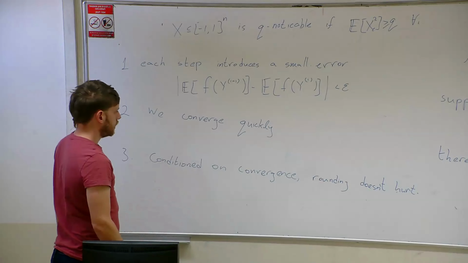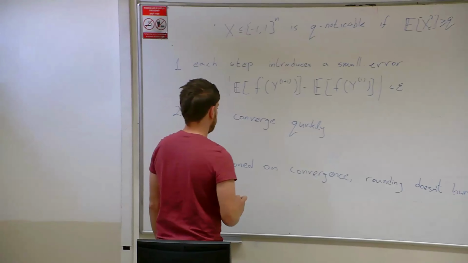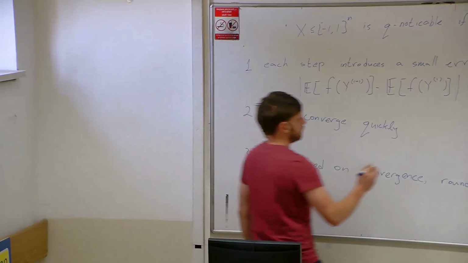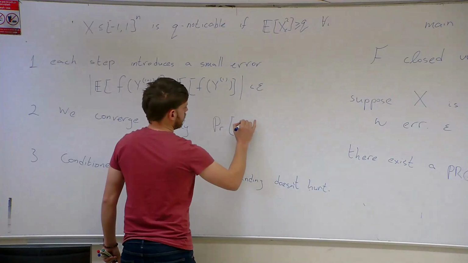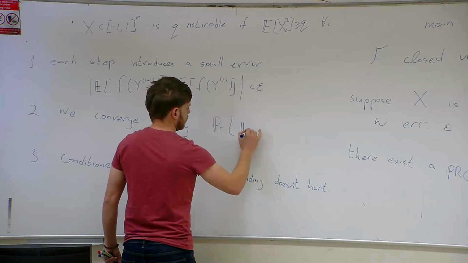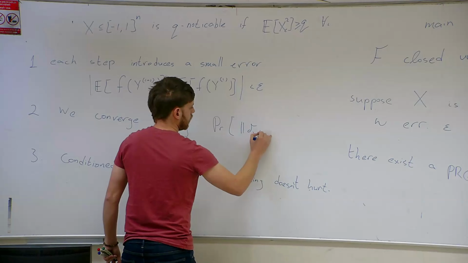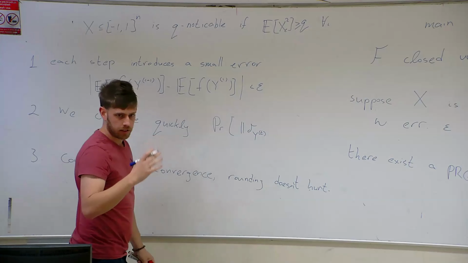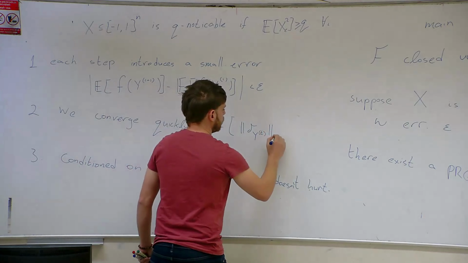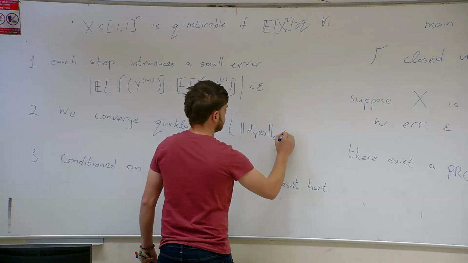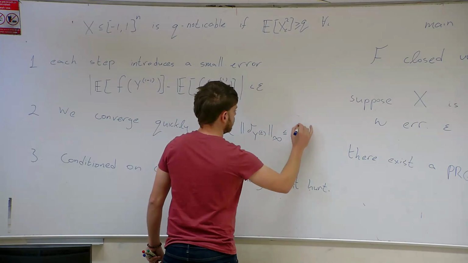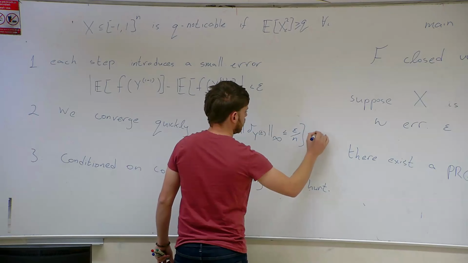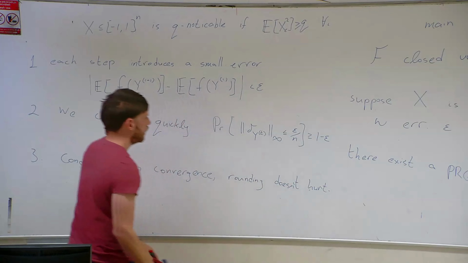We converge quickly: after t steps, for t to be determined later, the infinity norm of delta is really small, epsilon, with probability 1 minus epsilon.